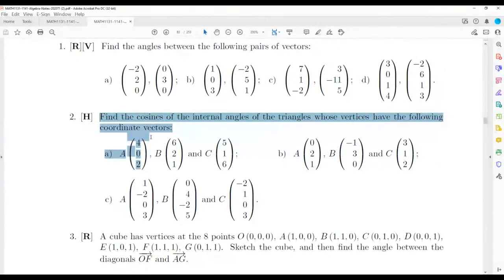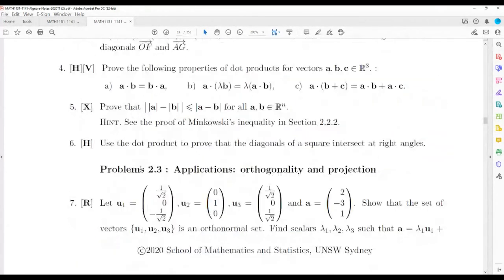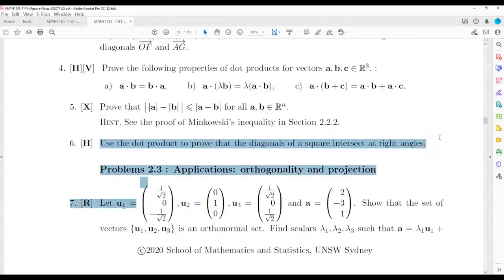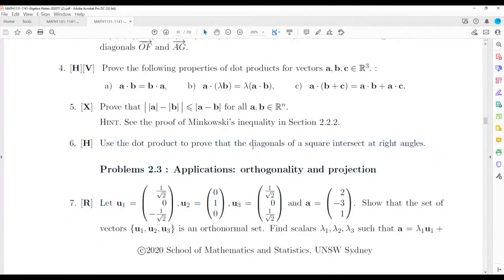So these are not particularly difficult questions. I'm not sure why that's an H. I thought probably the most interesting one here was 6. So you're using vectors to prove a geometric result there. So I thought we might discuss that.